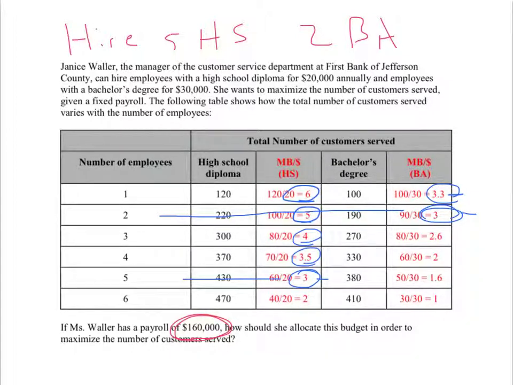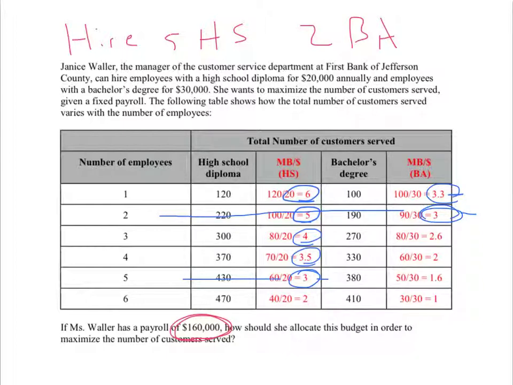Now notice something. Notice that when we reach what we might call equilibrium, when we reach that point of optimization, the marginal benefit per dollar spent is equal for high school employees and bachelor's employees. Well, that leads us to a very important principle.